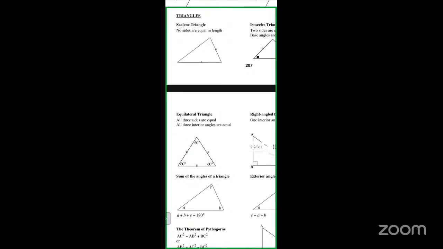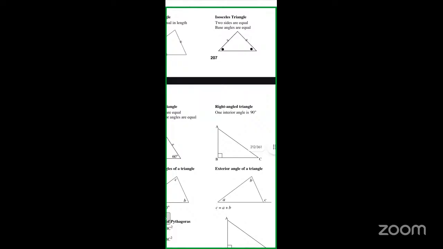So we can move to the right angled triangle. You know from grade 7 when you learned about angles that you had acute angle, obtuse angle, right angle, straight line, reflex, revolution. We said an acute angle is an angle of size less than 90 degrees but greater than 0. Then we have a right angle, which is an angle of 90 degrees.